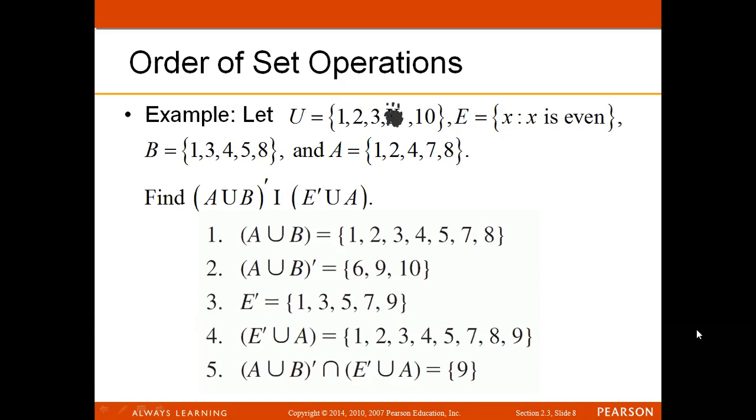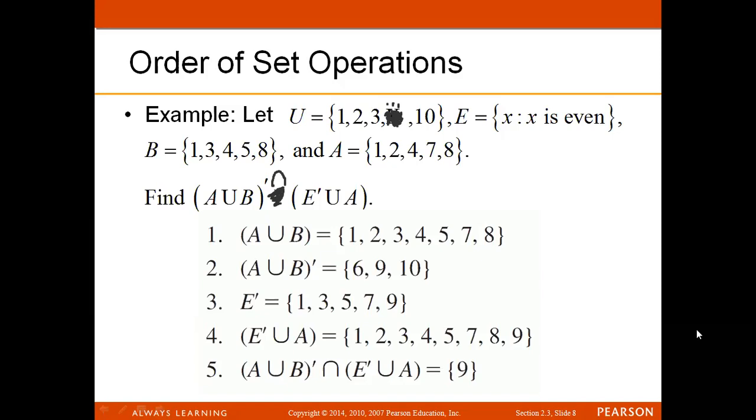Let the set B be the set of 1, 3, 4, 5, 8, and let A be the set 1, 2, 4, 7, 8. Find (A union B) complement, intersect with the complement of E union A.